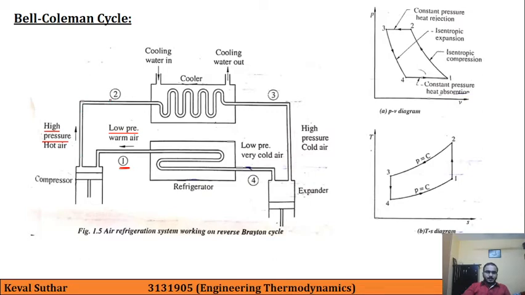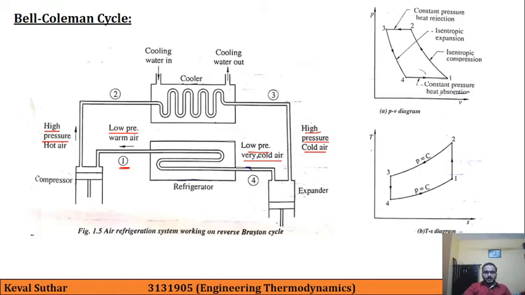After getting compressed, it passes through this cooler where it is being cooled down with the help of cooling water, which is entering from here and leaving from here. After getting cooled, this will be high pressure cold air, and then it passes through this expander where it is being expanded, so it becomes low pressure and very cold air.